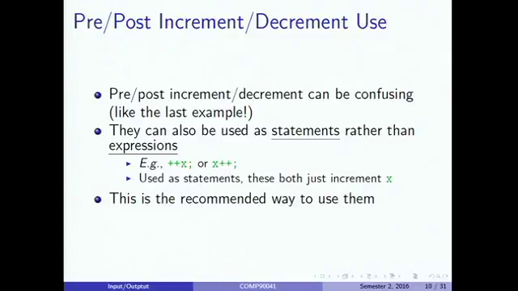But again, Java goes one step further, and it lets you use plus plus X or X plus plus as a statement. So instead of saying X plus equals 1 and then use X, you can just say plus plus X, semicolon, and then use X in the next statement. Okay? In that case, though, what's the difference between plus plus X and X plus plus?